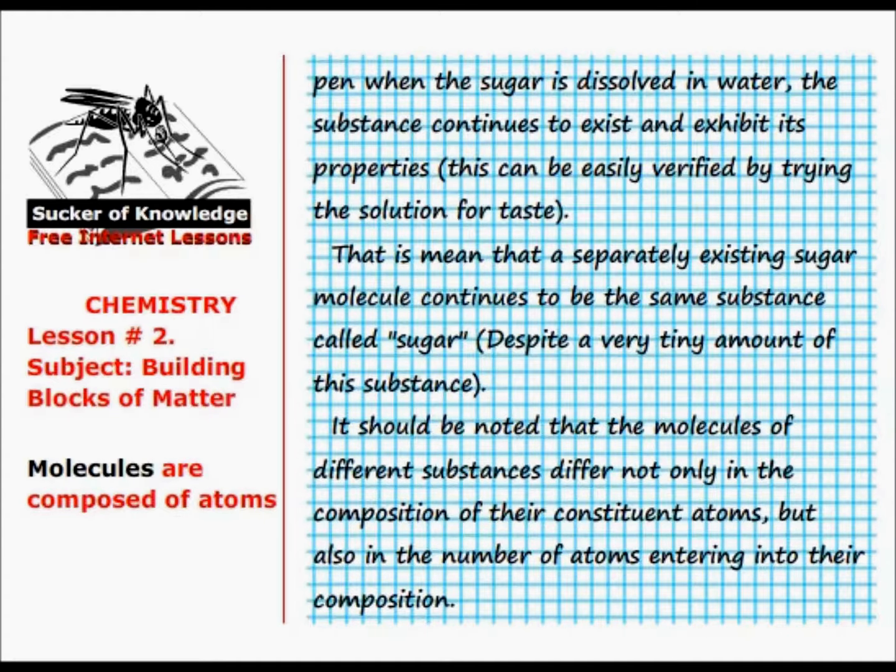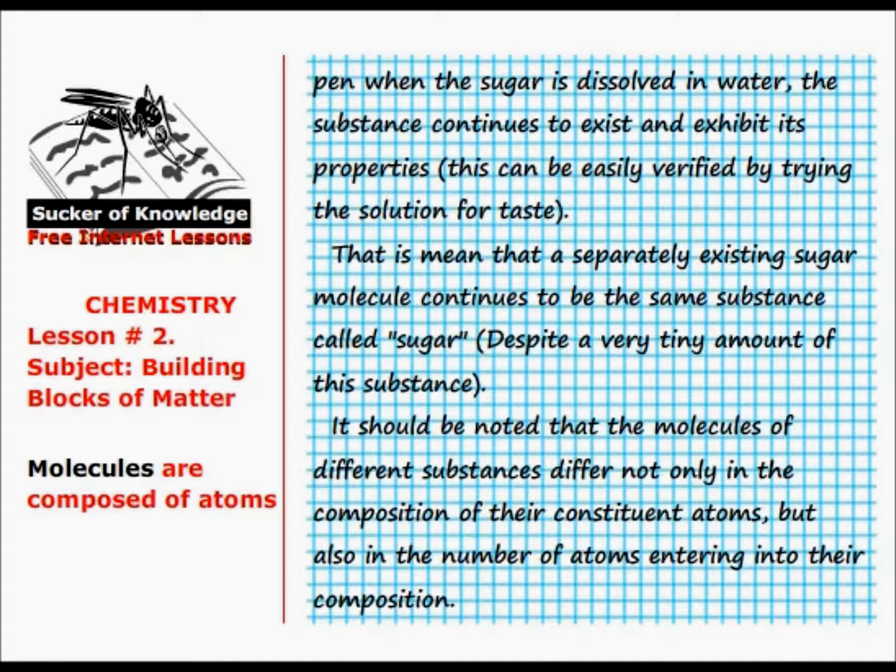The substance continues to exist and exhibit its properties. This can be easily verified by tasting the solution. That means that a separately existing sugar molecule continues to be the same substance, called sugar, despite a very tiny amount of this substance.